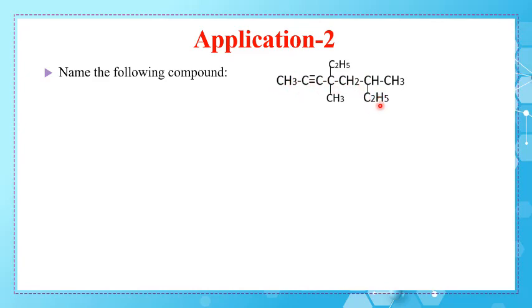So it's an octane. And the position of the triple bond is here, so we begin numbering the chain nearer to the triple bond, so we must begin numbering from here.